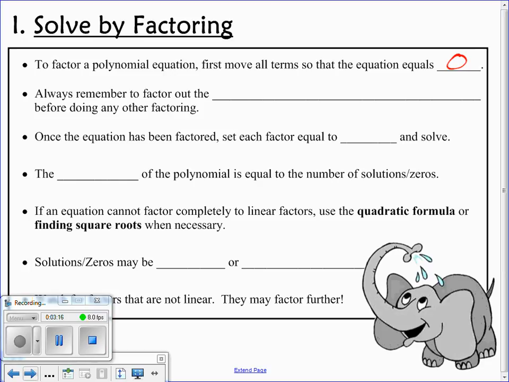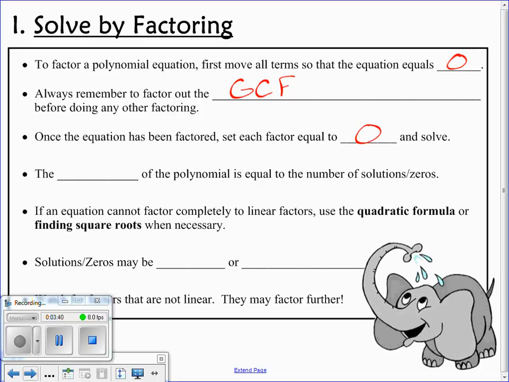If you like to fill the whole line, you could write greatest common factor. I'm going to write GCF just because I'm lazy. Once the equation has been factored, set each factor equal to 0 and solve.